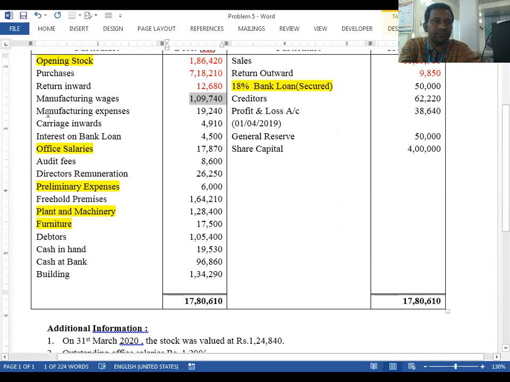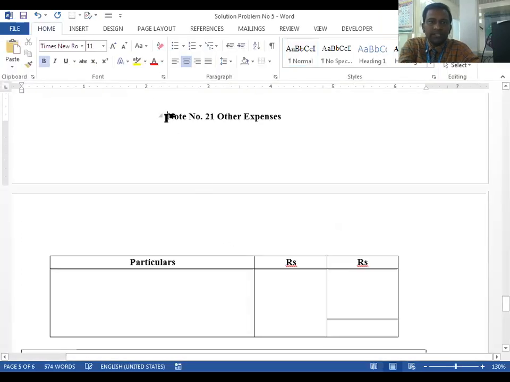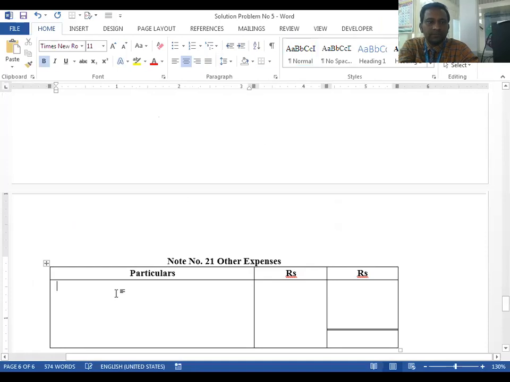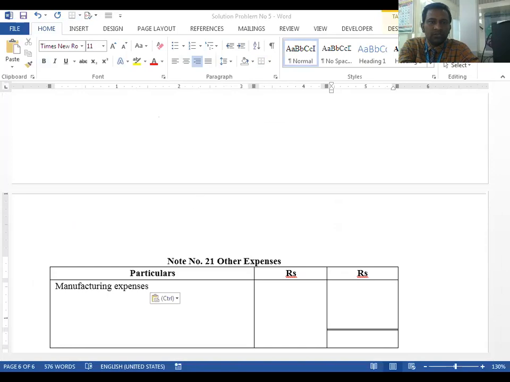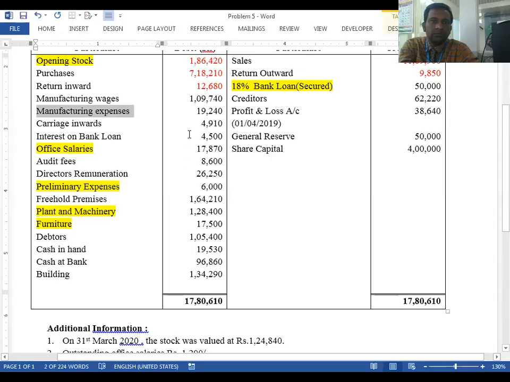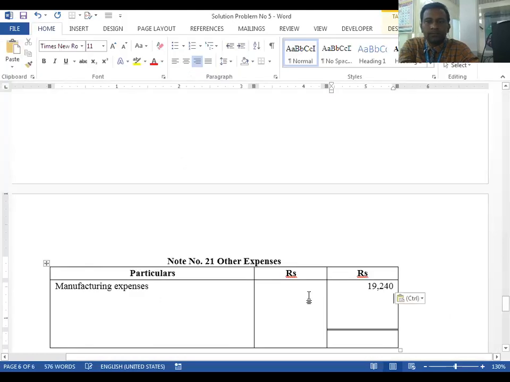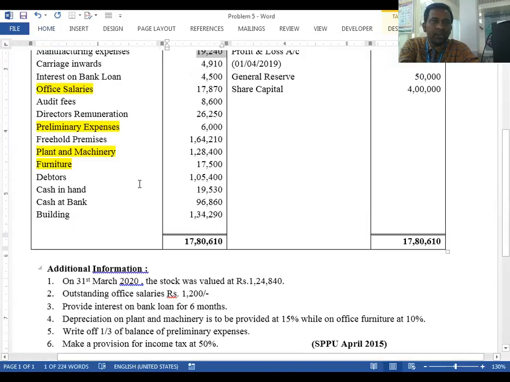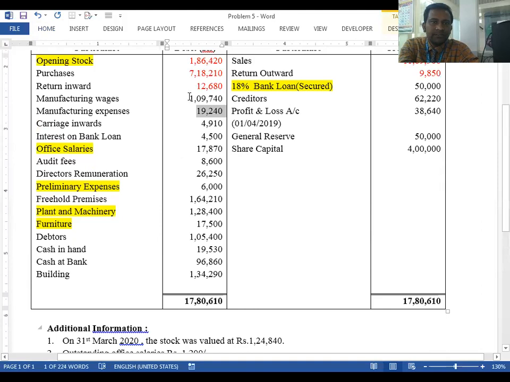Manufacturing expenses 19,240, under other expenses. There is no adjustment regarding the manufacturing expenses.